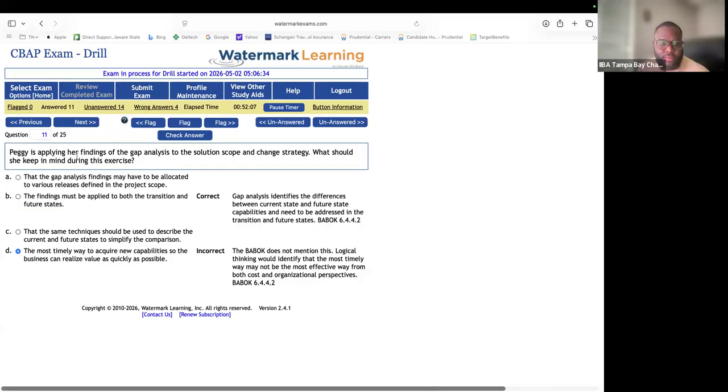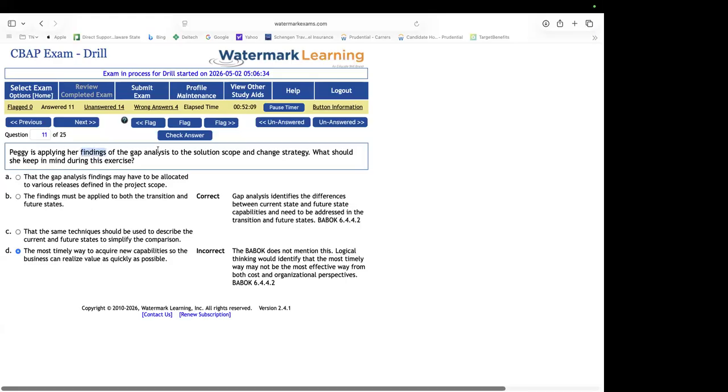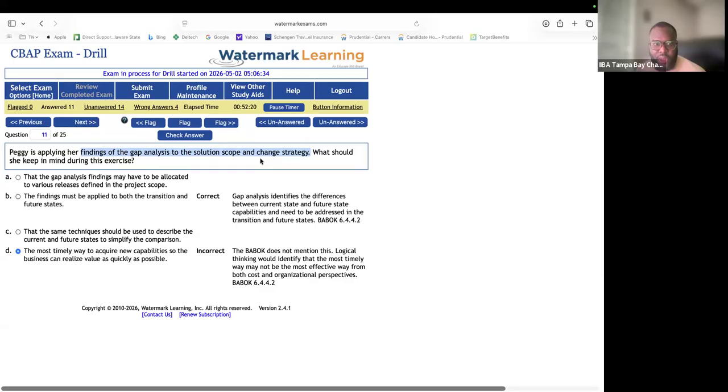It's a little bit tricky, but the main part is that Peggy is applying her findings of the gap analysis. The gap analysis is already done. That's true, actually. Now that I'm reading the question again.